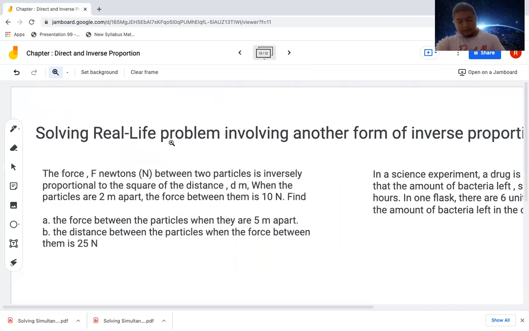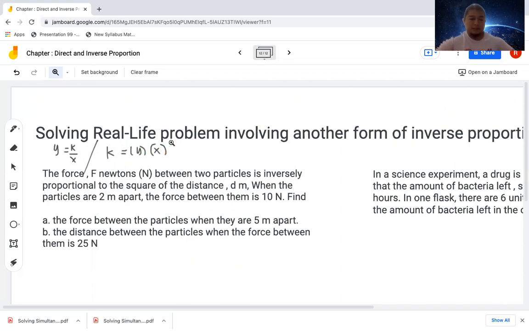Just like what I said, guys, the procedure of us answering inverse proportion is the same. So you will have y is equivalent to k over x, or you are going to have the k as equivalent to y times x. All right.